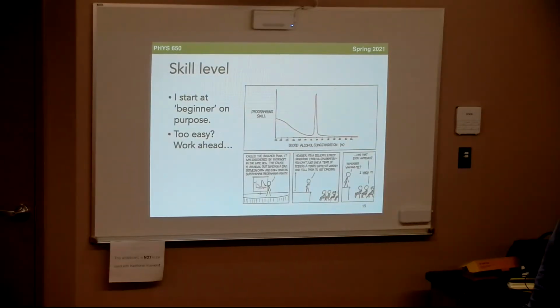The skill levels are going to be all over the map here. I'm just assuming the absolute beginner at the beginning, so it's going to be a little steeper for some and a little slower for others. If it's too easy, work ahead. There's already somebody who's cheerfully chucking in all kinds of Jupyter notebooks because he's going, "Hey, great, I'm going to be done by halfway through the semester," and I'm fine with that.